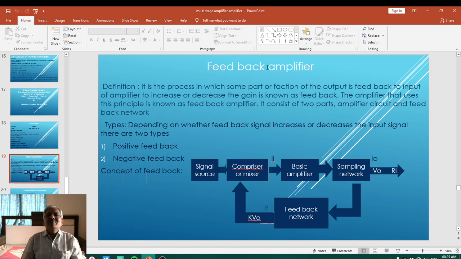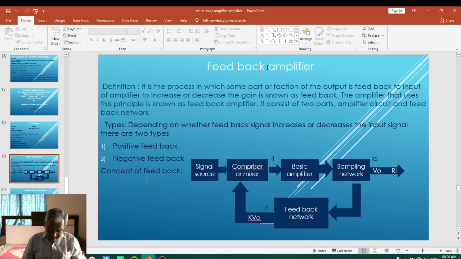Thus we can say feedback is the process in which some part or fraction of the output is fed back to the input. Input of what? Input of the amplifier.